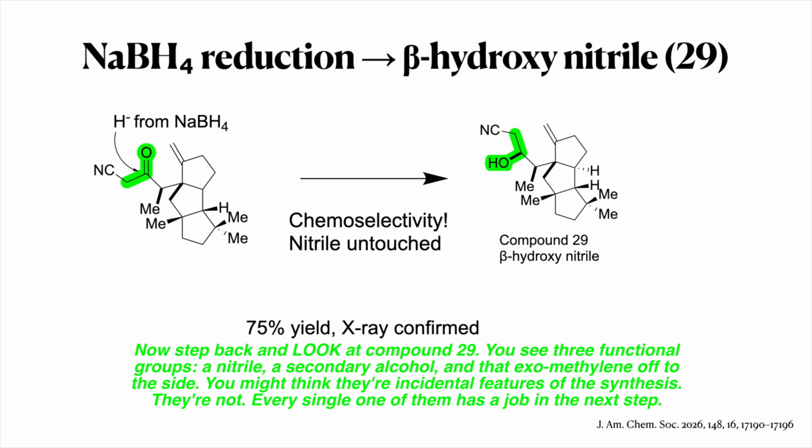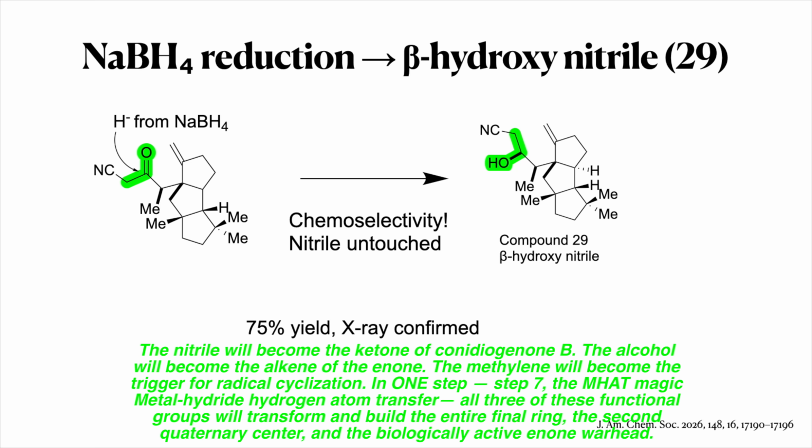Now, step back and look at compound 29. You see three functional groups: a nitrile, a secondary alcohol, and that exomethylene off to the side. You might think they are incidental features of the synthesis. They are not. Every single one of them has a job in the next step. The nitrile will become the ketone of Conidiogenone B. The alcohol will become the alkene of the enone.